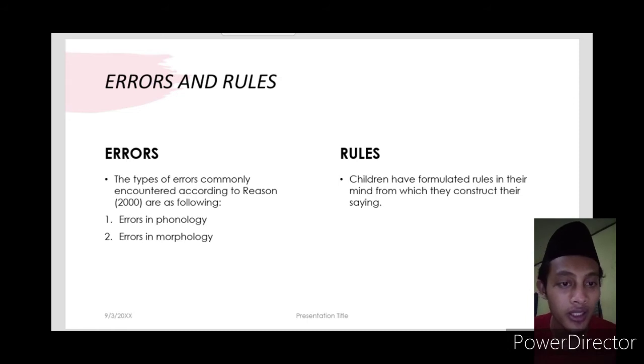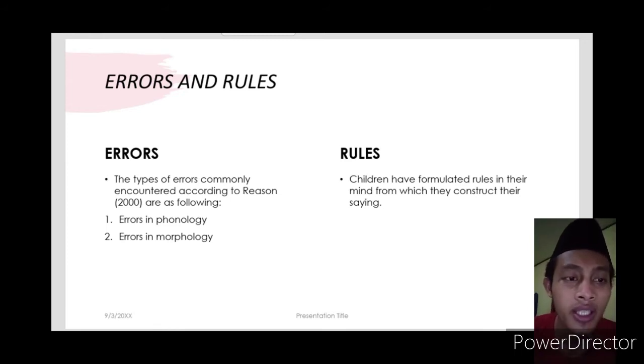And then the second is errors in morphology. There are many types also. One of them is morpheme exchange error. The definition of morpheme exchange error is morpheme change place. For example, the child would like to say he has already packed 2 rugs.